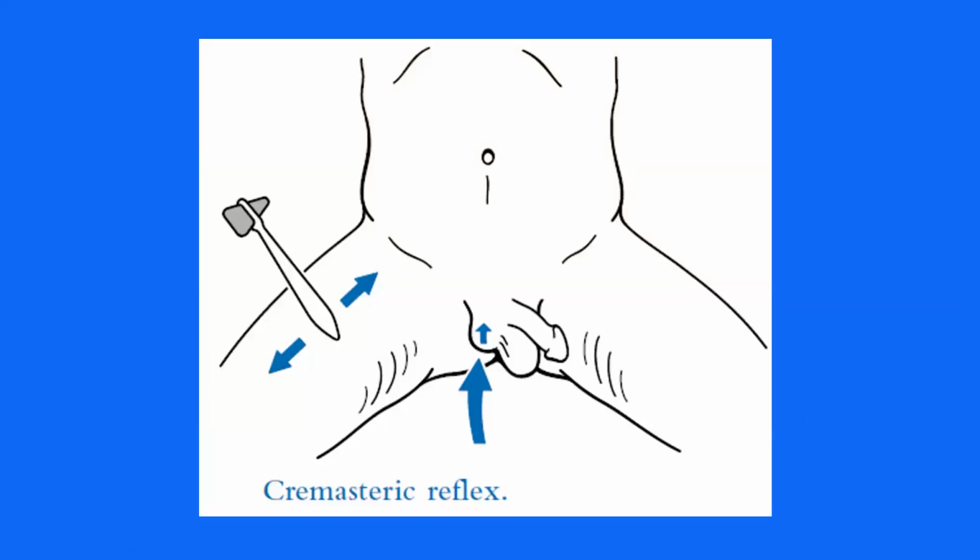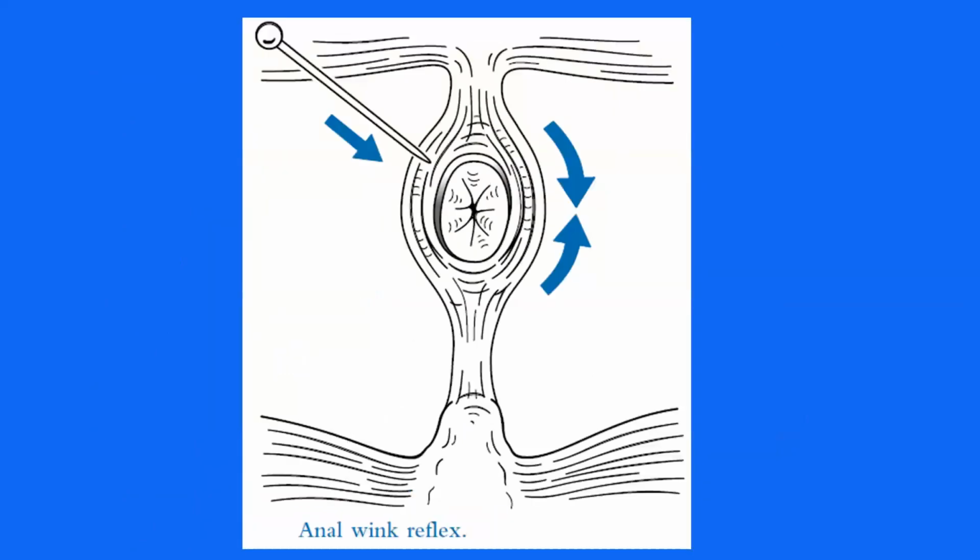Cremasteric reflex by stroking the thigh, and you observe the testicle moving up. This is the anal wink reflex. If you have it, it tells you that the patient is out of spinal shock.